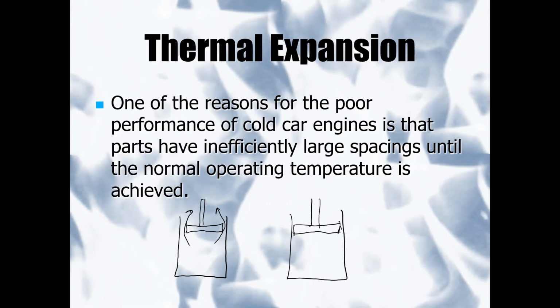So when the engine is cold, the car is not going to be running as efficiently, because the spacing in between that piston and that cylinder is not going to be perfect. Obviously, if we designed it so that it was perfect when the engine was cold, when the engine was hot, you're going to have issues with friction between the piston and the cylinder. So another place where thermal expansion can be quite an issue.